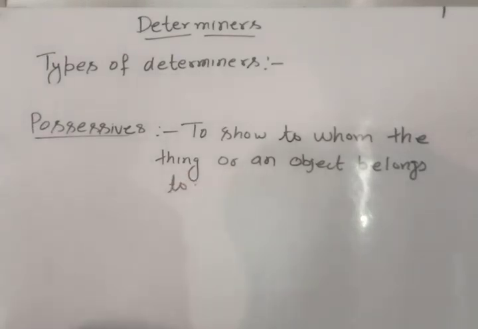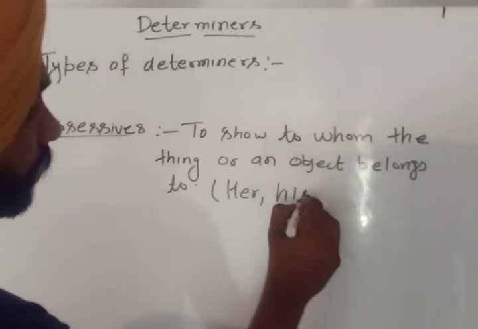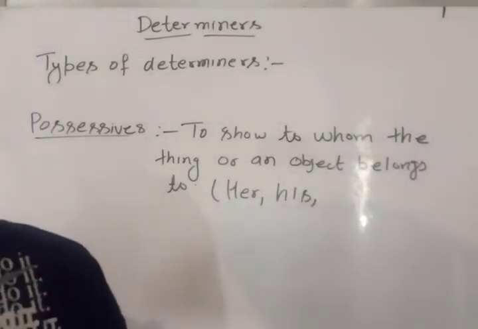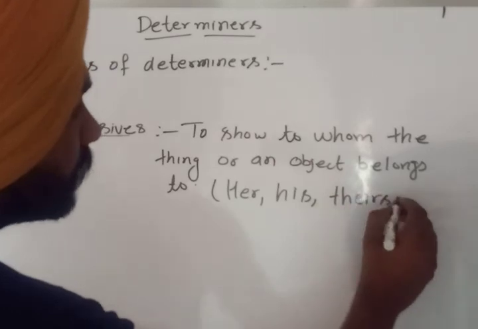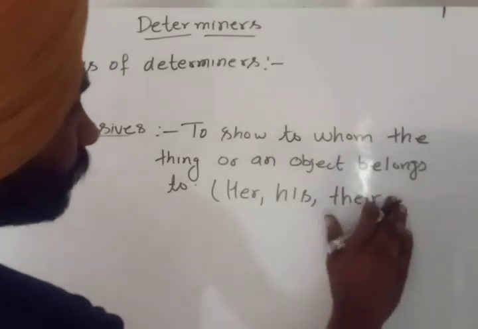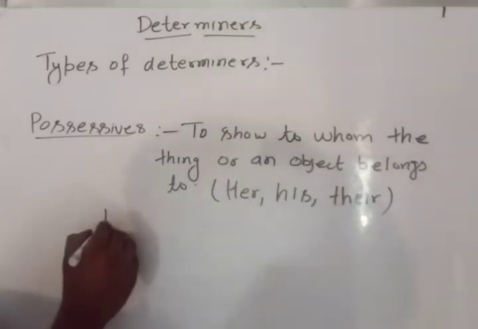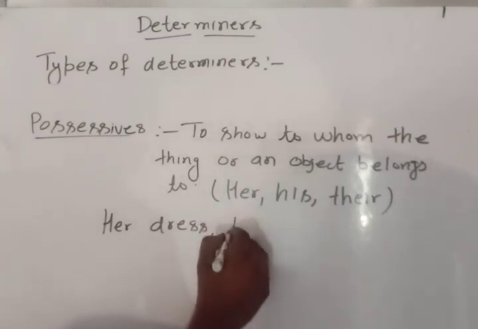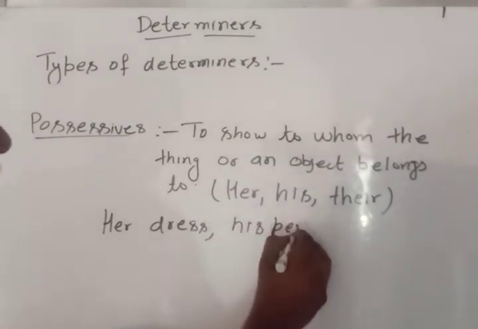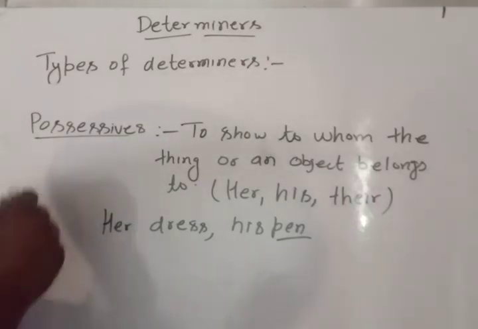So we have words her, his, theirs or their. So these are the words we have. For example, her dress, his pen, their house, our classroom. So these are the words we use.